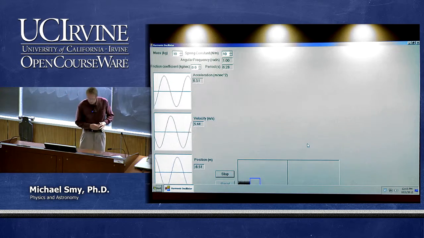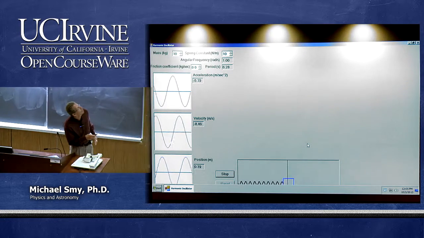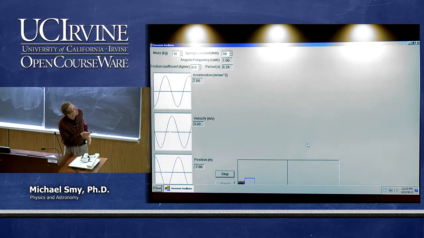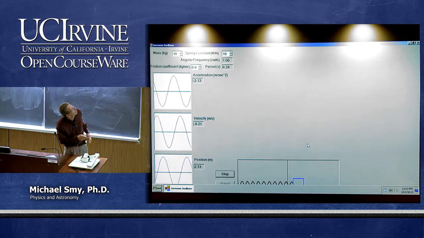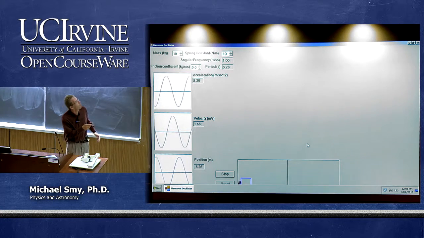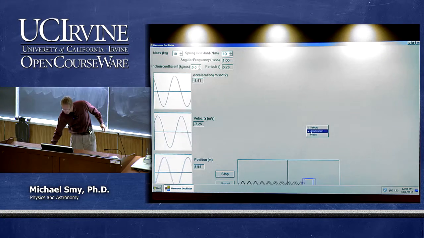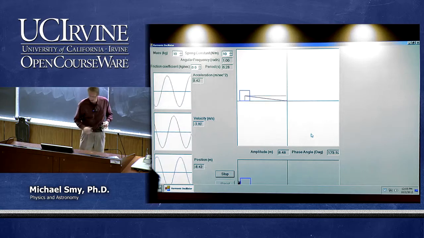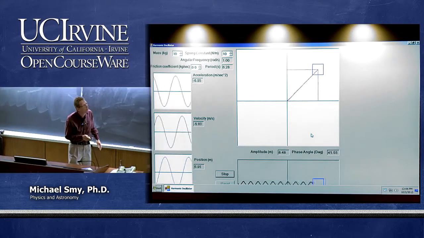and acceleration. And you actually can see that the phase of the velocity is different than that of the position, and the velocity phase is also different than that of the acceleration. And finally, we can also look at the phase of the position itself, as well as amplitude.